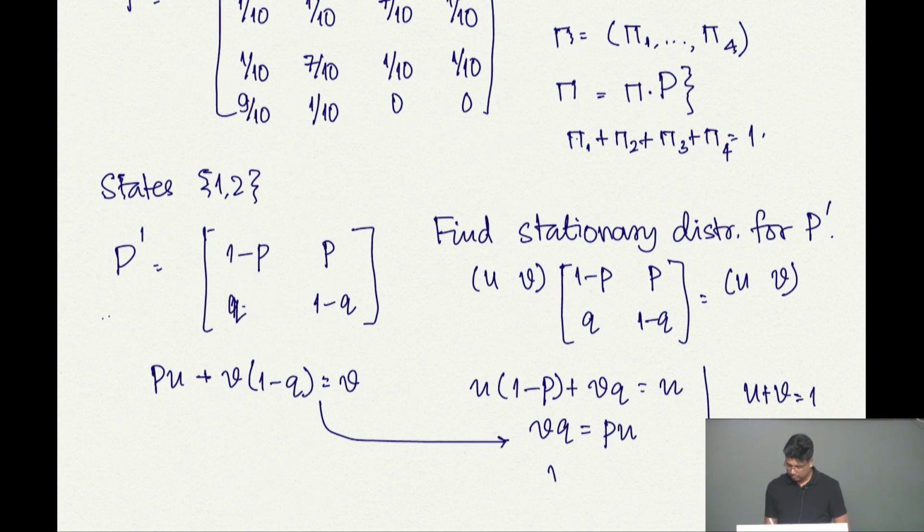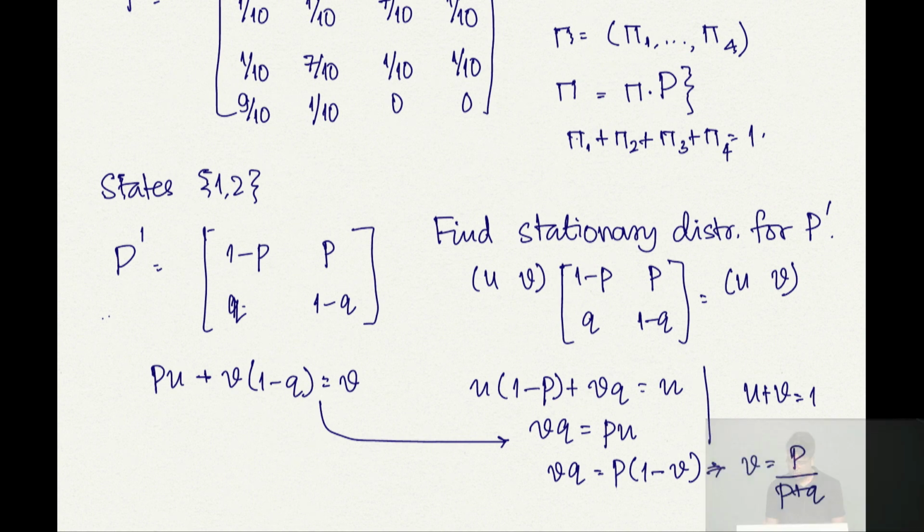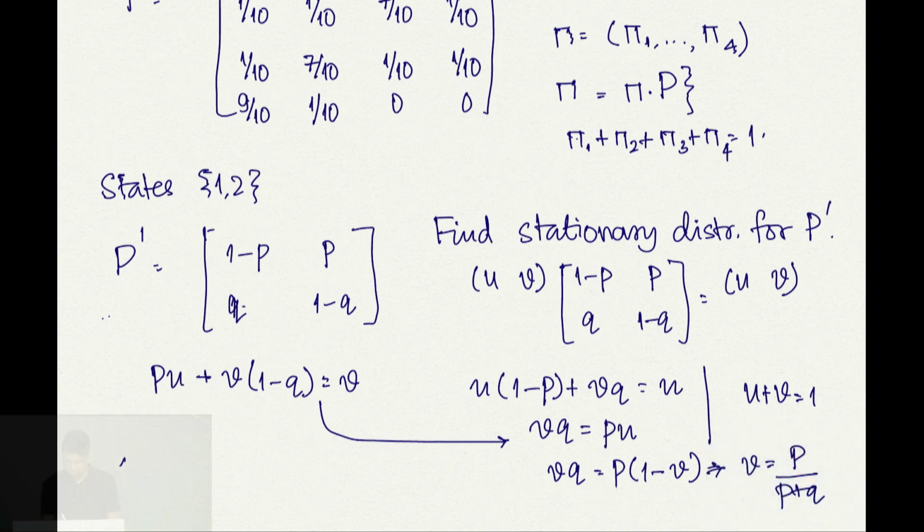Then my v is going to be... so what does this imply? This implies v is p by p plus q. Then what will this give you? u is nothing but q by p plus q.